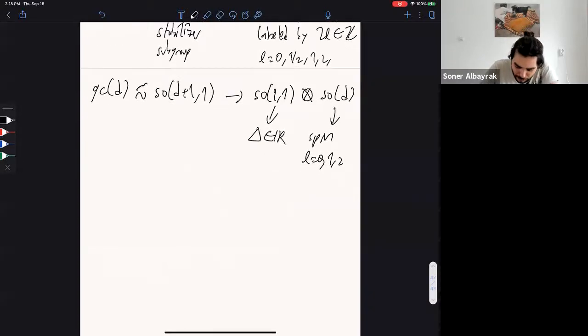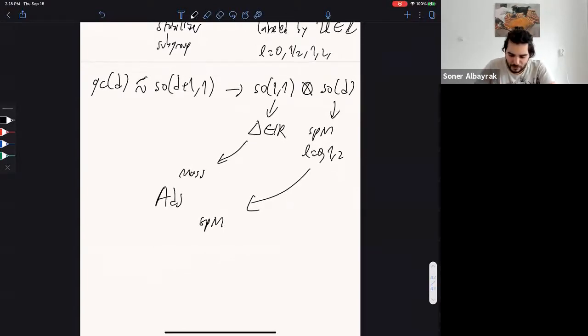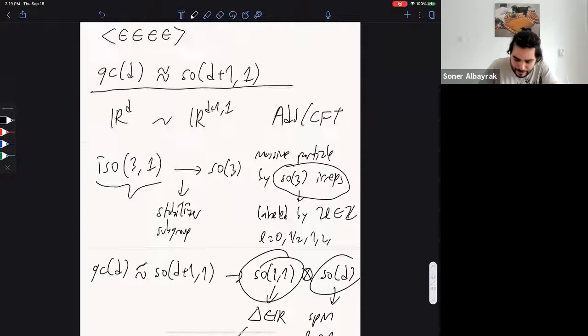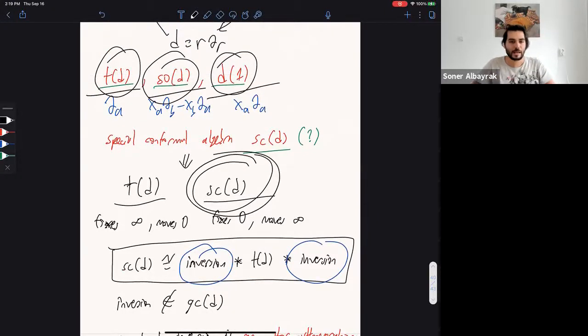When you go to AdS, this would go to spin, and this will relate to mass. To answer all this, we need to understand these four algebras: translation, rotation, dilation, and special conformal transformations. I already took four minutes, so I don't want to take any more. Are there any questions? Okay, now I'll stop recording.